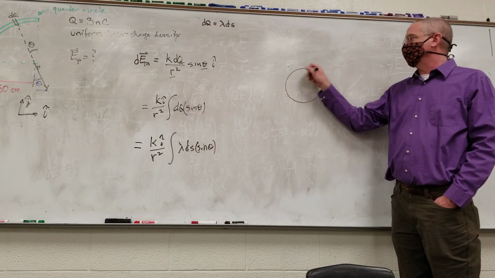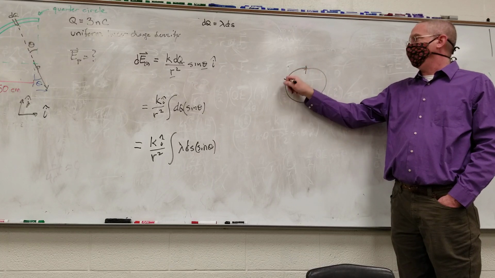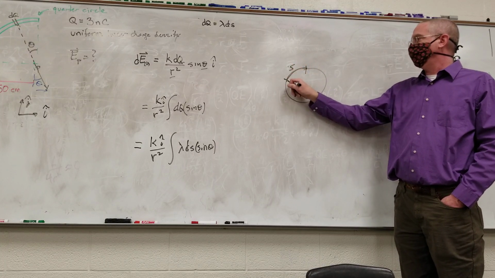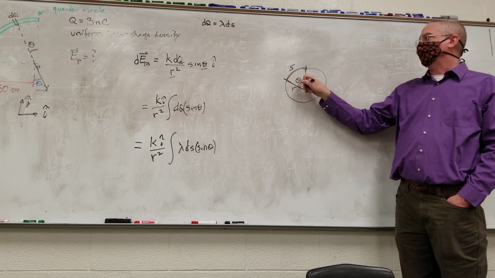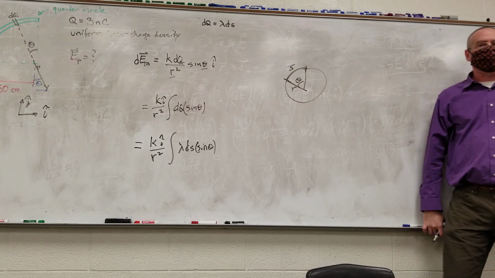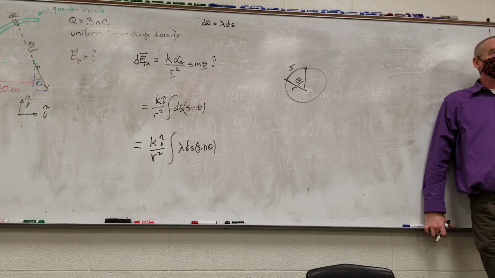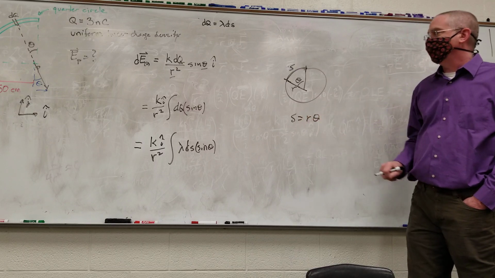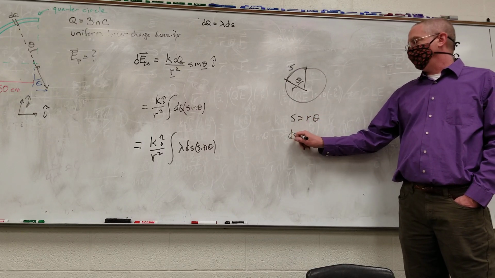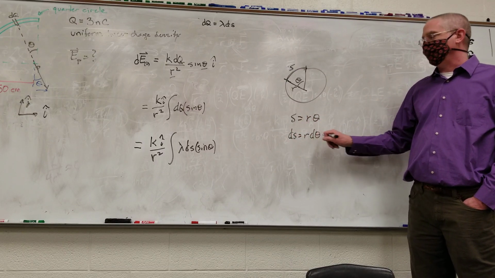If I have a circle here with some arc length S and some radius R, some angle theta, what is the relationship between S, R and theta? S is equal to R times theta. Yep. And so ds is equal to R d theta.